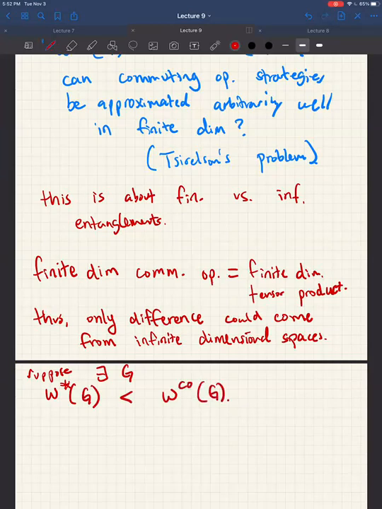It would mean that if Alice and Bob had this really crazy infinite dimensional strategy that they used in commuting operators, they could achieve a winning probability that no matter how many finite number of qubits they use, they couldn't even approximate using a finite dimensional strategy. Right, and that there really is a qualitative gap between infinite and finite dimensional entanglement.